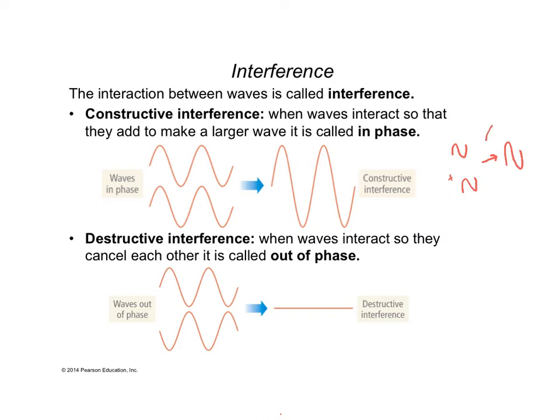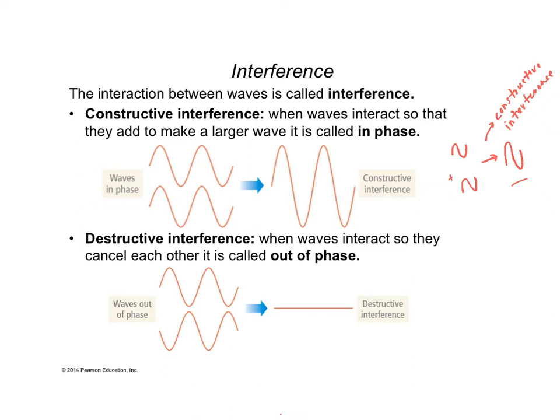This is what we call constructive interference. They're essentially just summing together to make this big overarching wave.